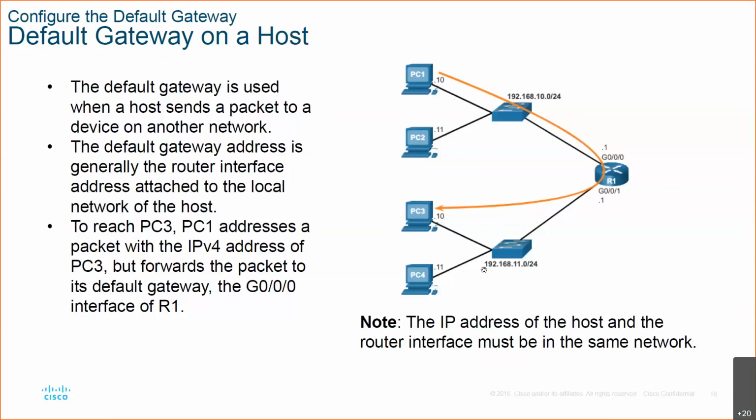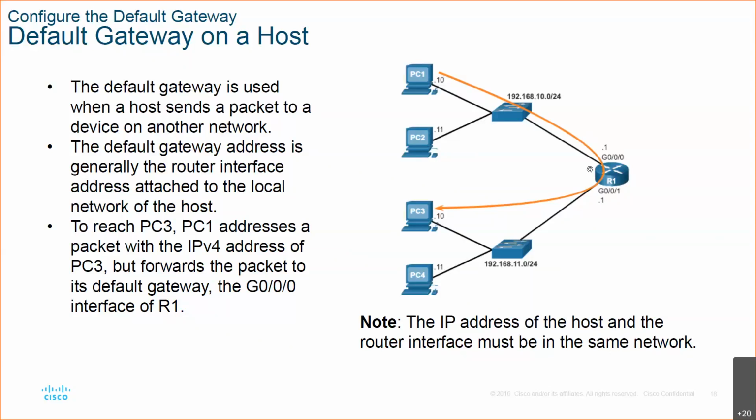I've got another network, 192.168.11.0. The gateway over here is G0/1. So when you have a gateway, my dear students, okay, you have to give that gateway address on your device. Otherwise, you won't be able to exit.